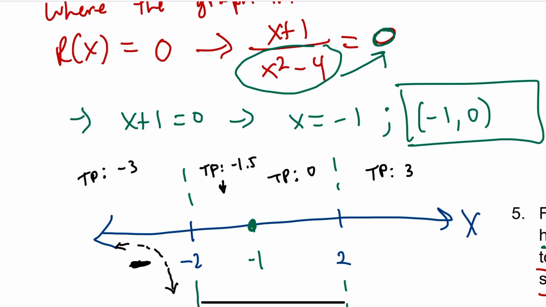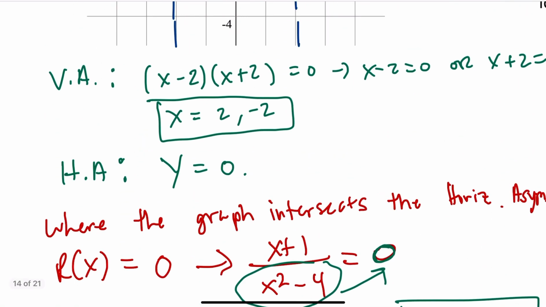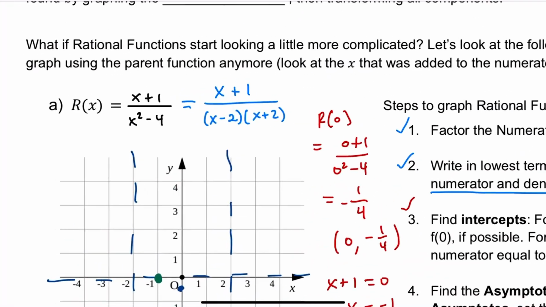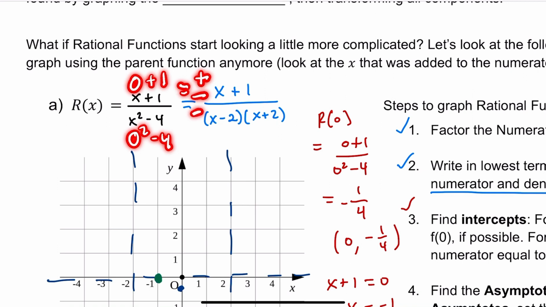I'm going to do this test point, and out of experience, I'm going to guess this one. So I'm going to test the point 0. 0 plus 1 is 1, which is positive, divided by 0 squared minus 4, which is negative.